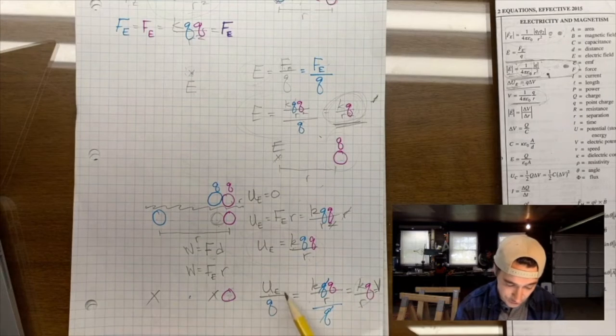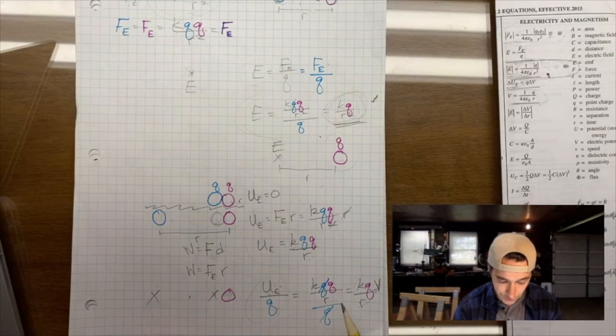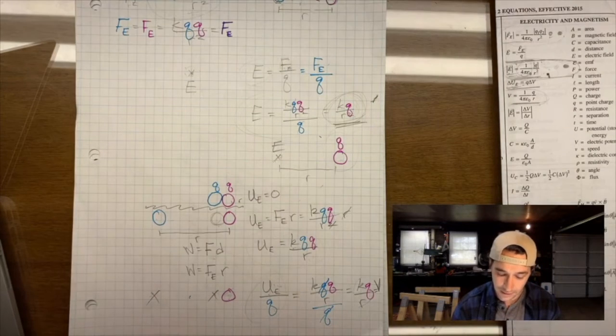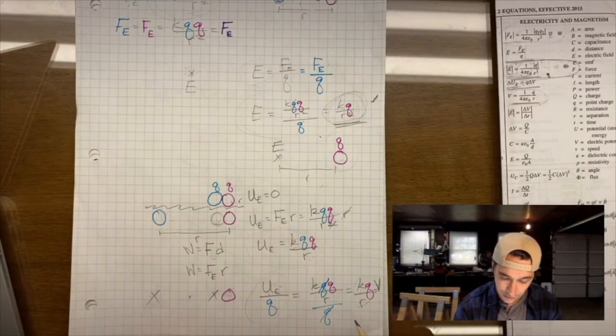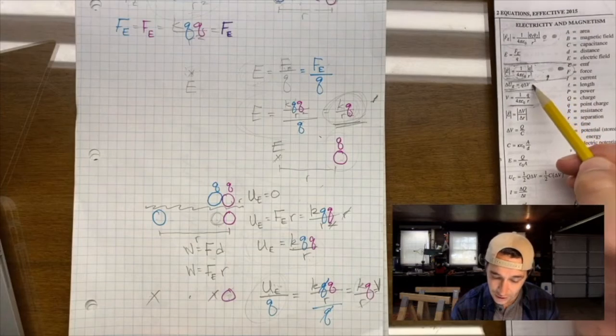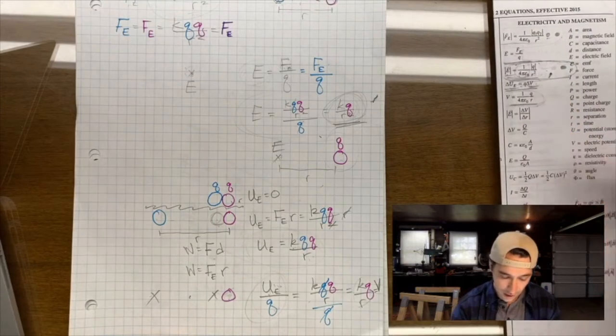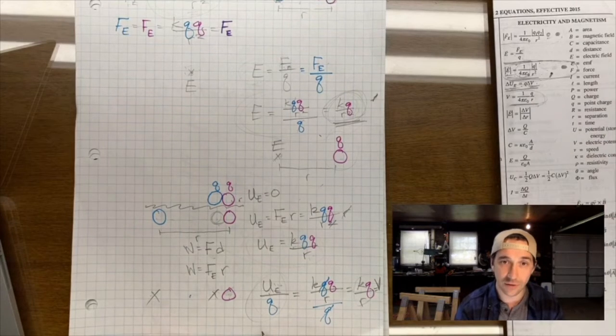By definition, it's how much potential energy per unit charge that's placed in that electric field. So that's what this equation is. This is actually the definition of electric potential. I hope you can see it. I know I'm running out of space a little bit.